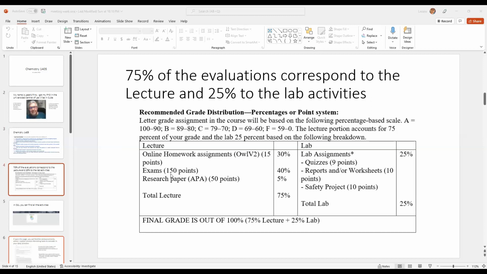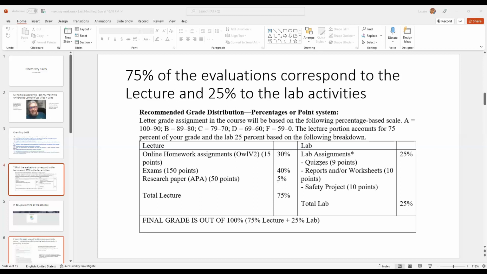You will have 4 exams and the exams are 150 points. As you can see, it's 40% of the total evaluation. And at the end, you will have a research paper in APA style that is worth 50 points.